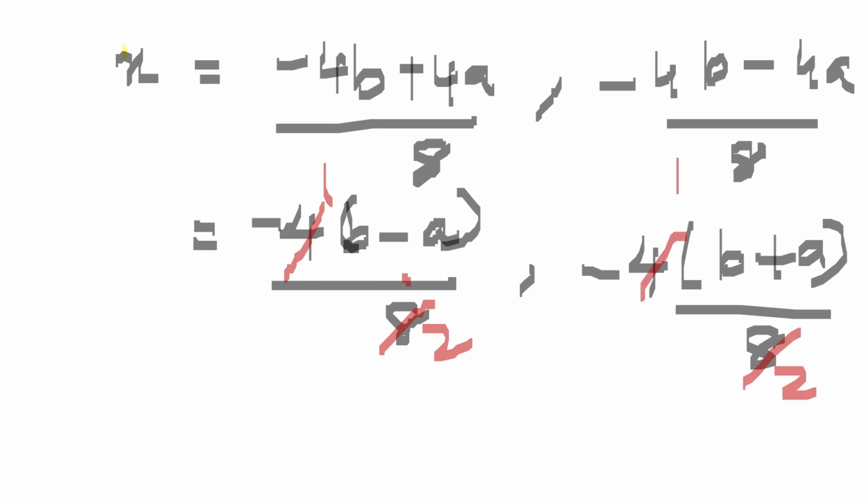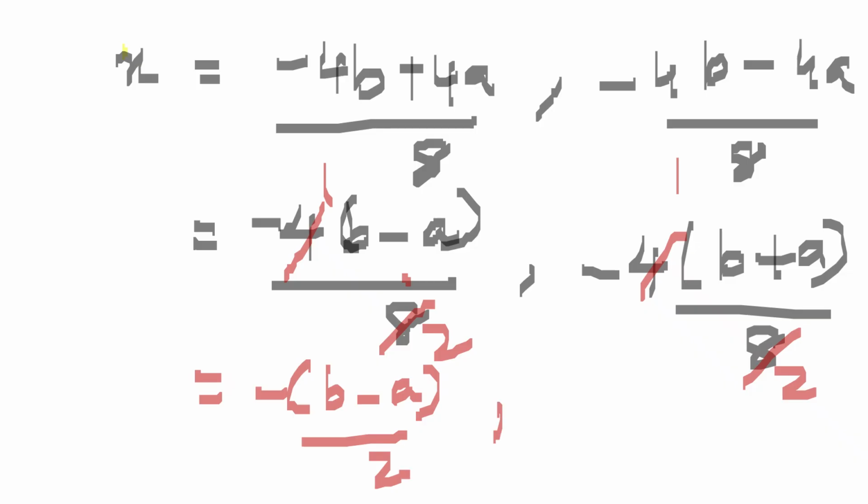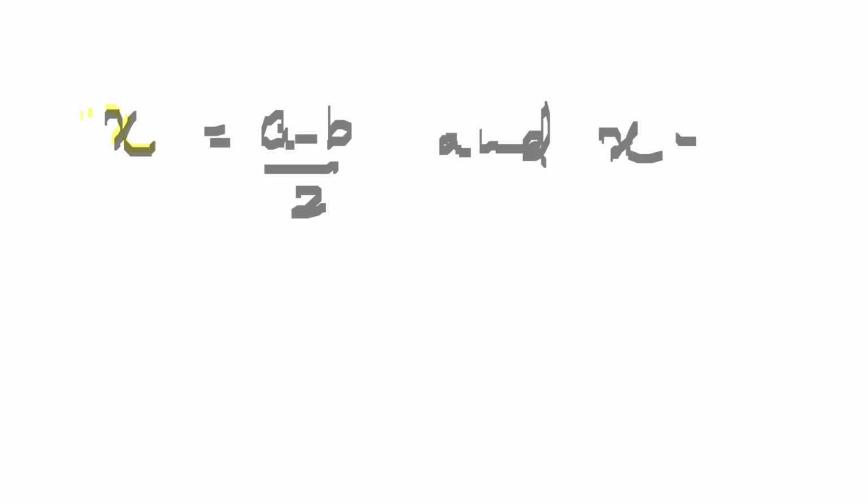So your solution will be minus b minus a by 2 and minus b plus a by 2. So this can be written as x is equal to a minus b by 2 and x is equal to minus a plus b by 2. So these are the solutions.